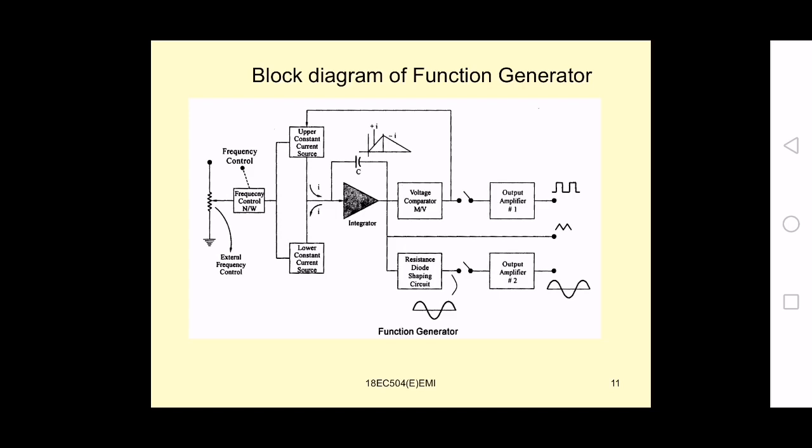So this current source supplies a constant current which drives the integrator, and the integrator output, as we have already known, is given by V out equal to minus 1 by C integration of I dt.